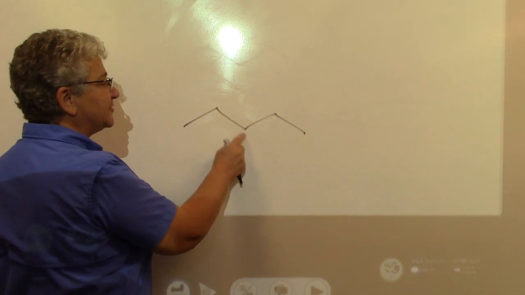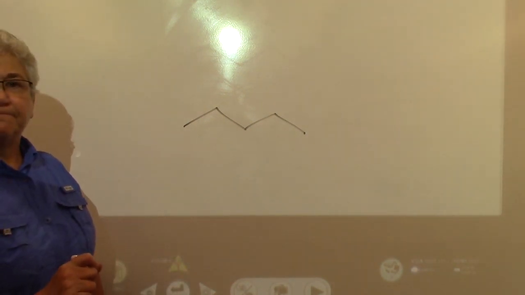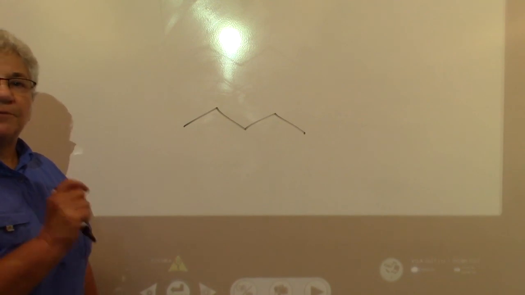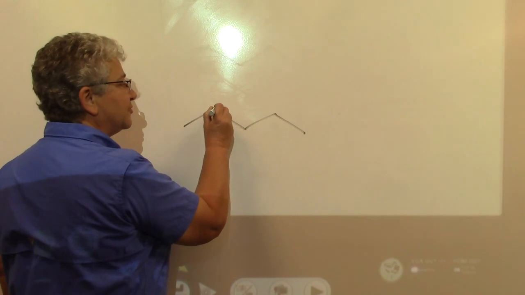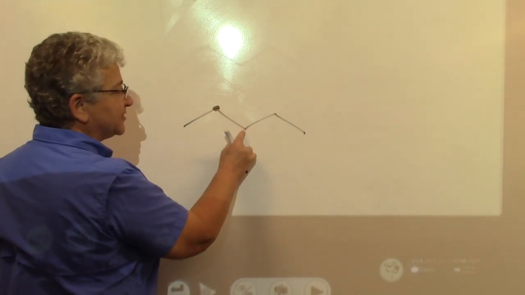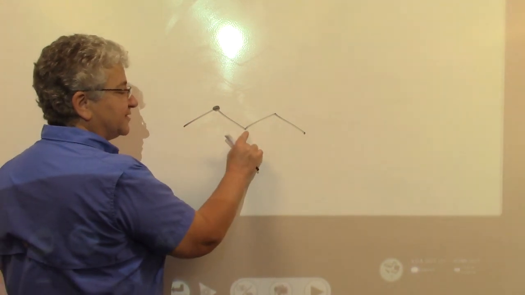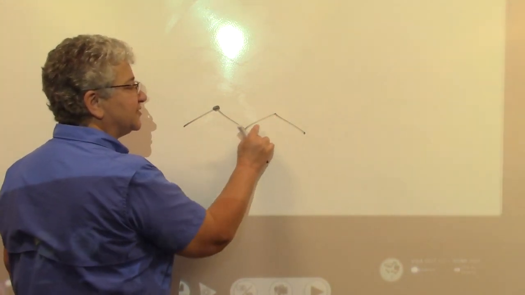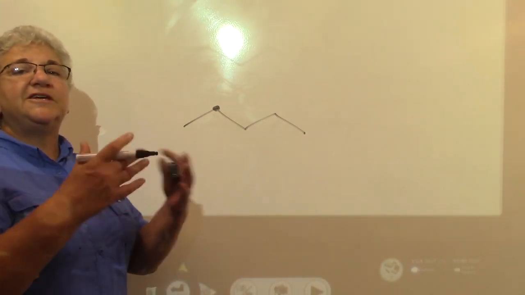Are these 2 CH2 groups the same? And hopefully you've answered no, right? This CH2 group is bound to a CH2 and a CH3. This CH2 group is bound to a CH2 and a CH2. So even though they're both CH2 groups, they are different from each other.